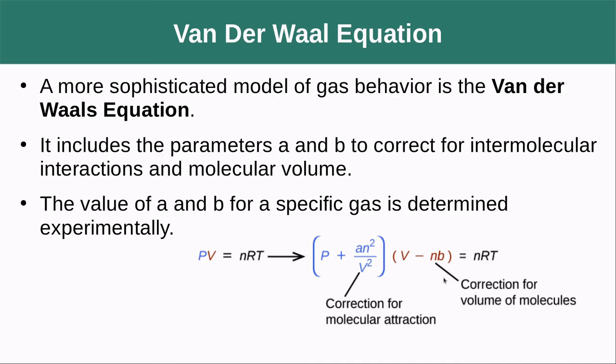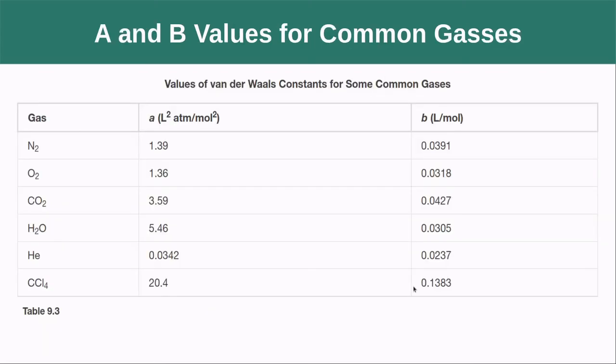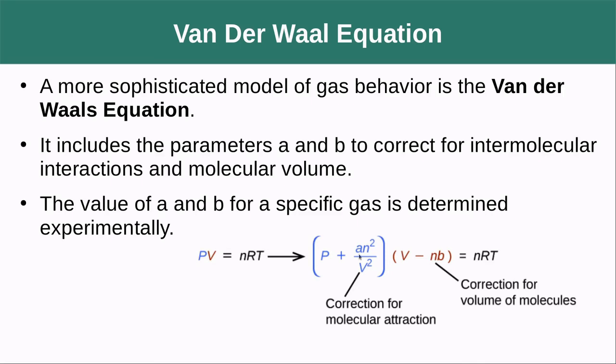Basically, they do a whole bunch of experiments and graph them all out, and use that to determine what A and B would be for that gas. They've got tables where you plug in these A and B values so that you can use this to determine properties just like you would with the ideal gas law.